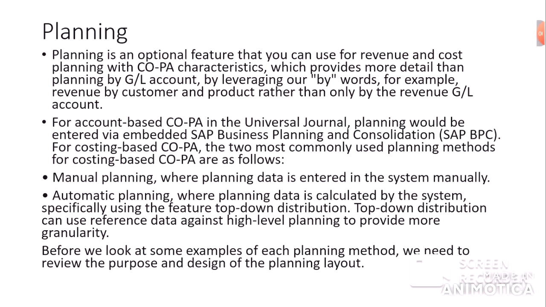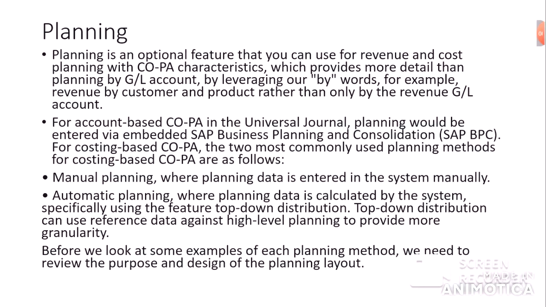For account based COPA in the Universal Journal, planning would be entered via embedded SAP Business Planning and Consolidation. For costing based COPA, the two most commonly used planning methods are as follows.